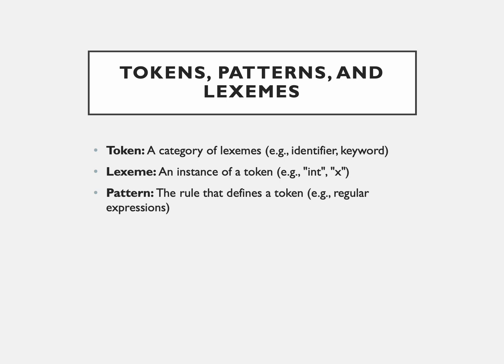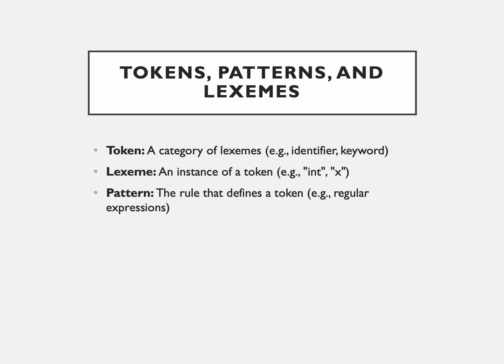Okay, now we'll try to understand the concept of tokens, patterns, and lexemes, which is essential for grasping how lexical analysis works. A token is a category or type that represents a group of similar lexemes. For example, tokens include identifiers, keywords, operators, and literals.